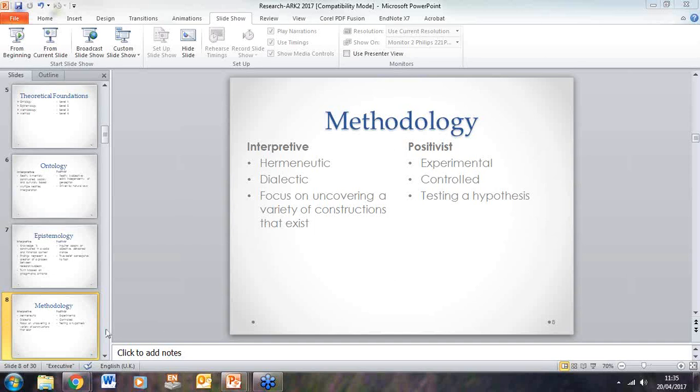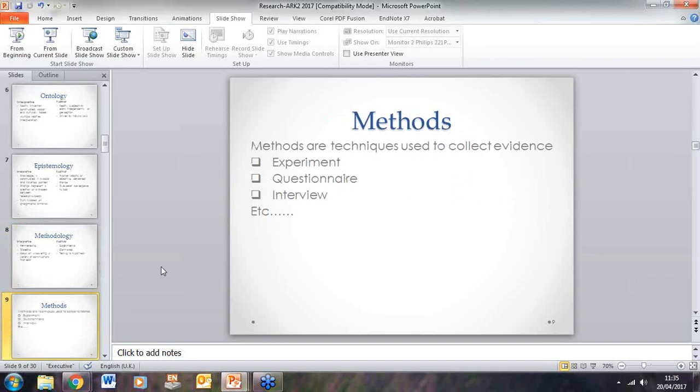So methodology, and then we go to our methods of data collection. Our methods of data collection will then be reflective of our methodology. So if we have sought to inquire about somebody's perceptions of something, our choice of method of data collection will follow a certain path.